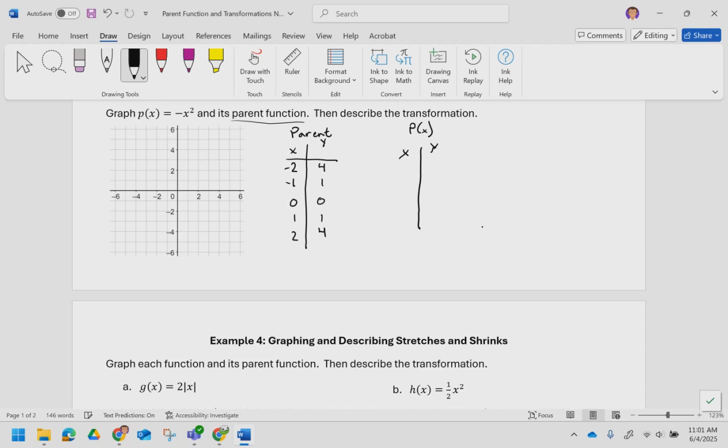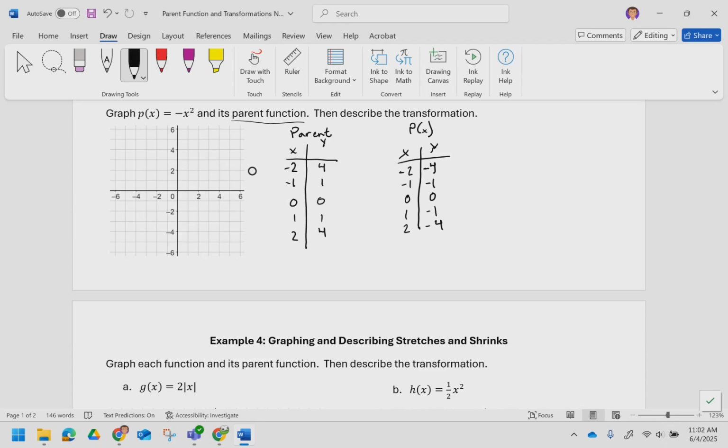For p of x, we have our x, we have our y. Remember that our y here is determined by negative x squared. So as I fill out my numbers for x, negative 2 squared would be 4, but then we've got the negative in front of it, which would change it to negative 4, negative 1, 0, negative 1, negative 4.